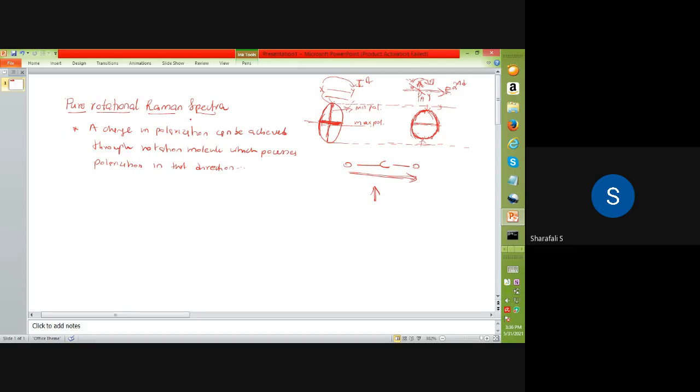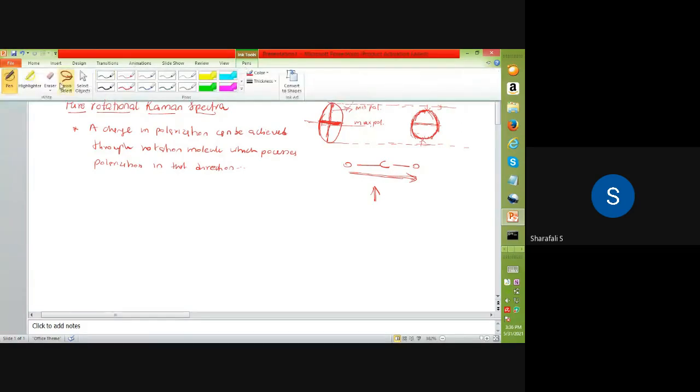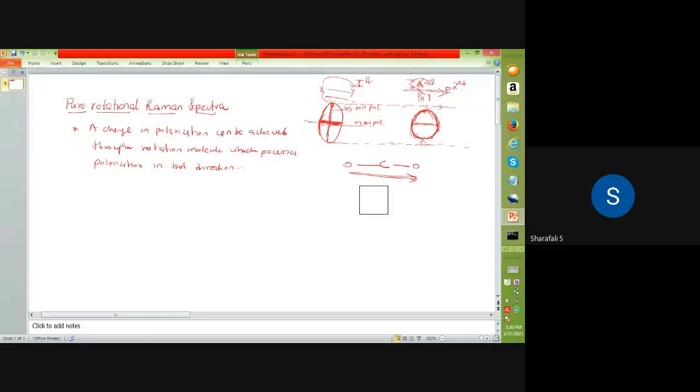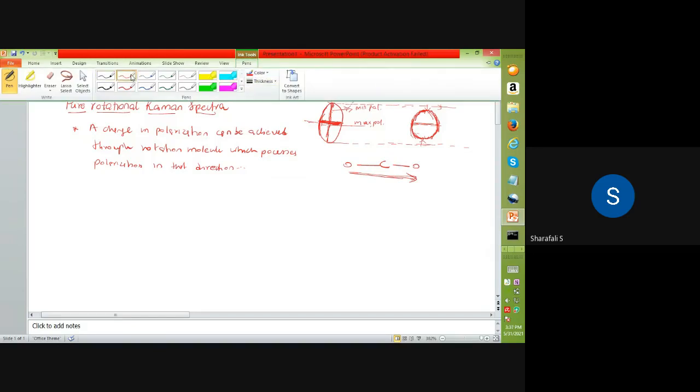It also depends on the axis. For example, for the carbon dioxide molecule, it will not affect because this will ignore this direction. If you consider only the axial direction for carbon dioxide, then that will not change, because on both sides we have polarization in opposite directions, and the dipole moments will cancel each other.